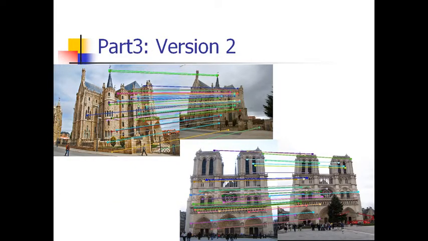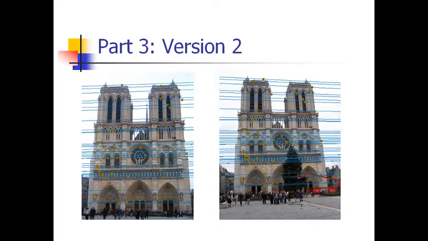Here are other images I tested on, and they all have good correspondence between the feature points. That's the effect of RANSAC and a good fundamental matrix calculation algorithm, and it also has a good result, despite there being only 30 points, as I chose only the 30 best points to calculate this.